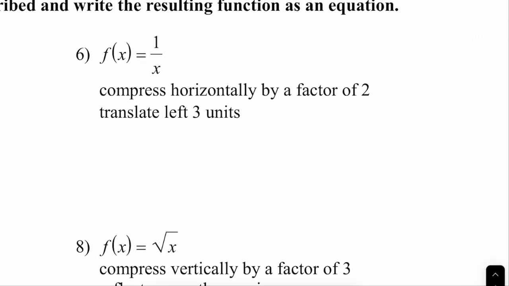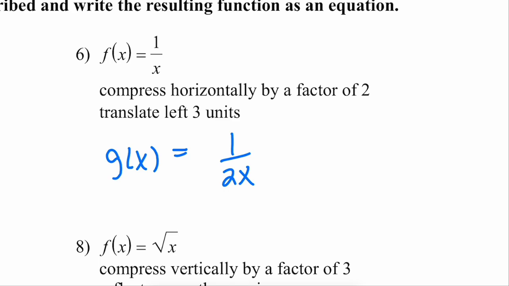Number 6, we want to compress it horizontally by a factor of 2. Anything that's happening horizontally, we need to touch the x on the inside of the function. So we need to touch it by a 2. And you actually do the opposite of what you expect. If you multiply by 2, you actually compress it inward.